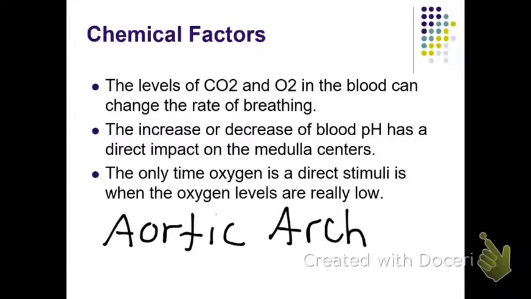When that happens, the aortic arch is able to increase the amount of oxygen that is pumped out throughout the body, and is just going to almost go into overdrive to make sure that oxygen is being delivered to all the cells in our body. However, there is a fine line between having enough oxygen and getting too much oxygen. And you might be familiar with a term called hyperventilation.